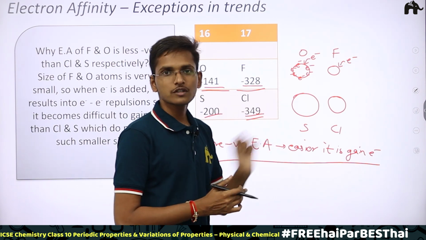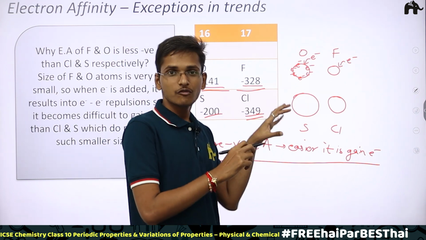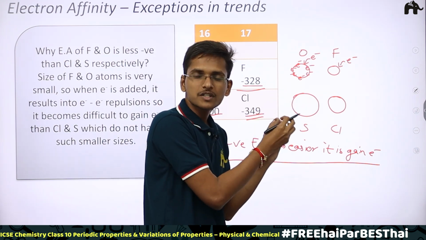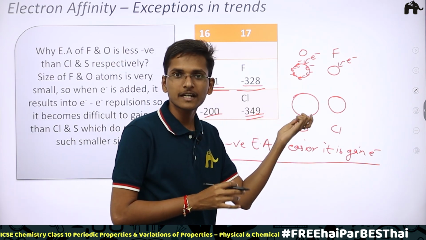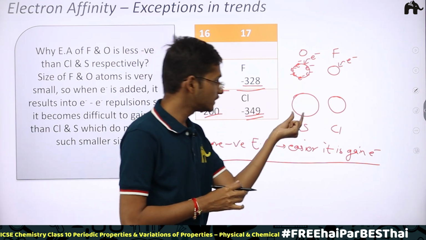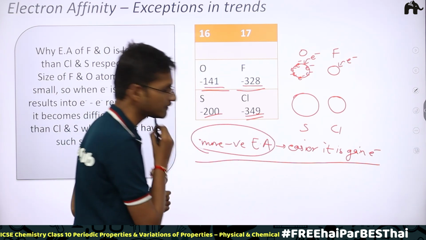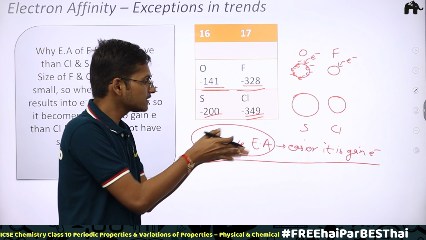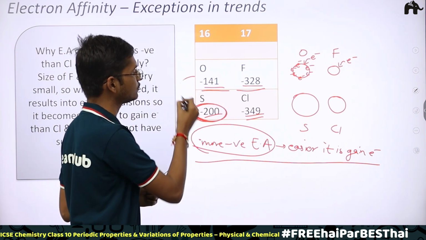Yes, sulfur. Why? Because the electron repulsions here would be less because of the larger size, so it would more easily gain the electron than oxygen. This means it would have a more negative electron affinity value than oxygen.